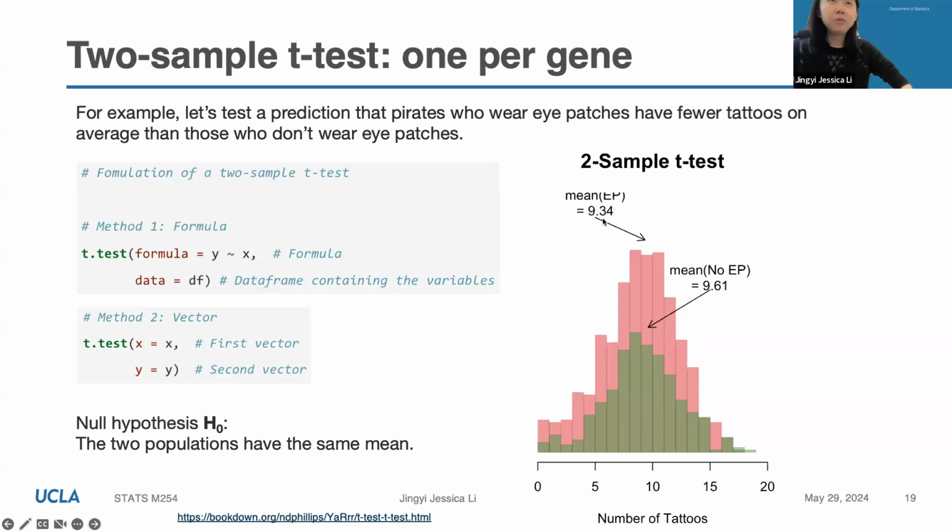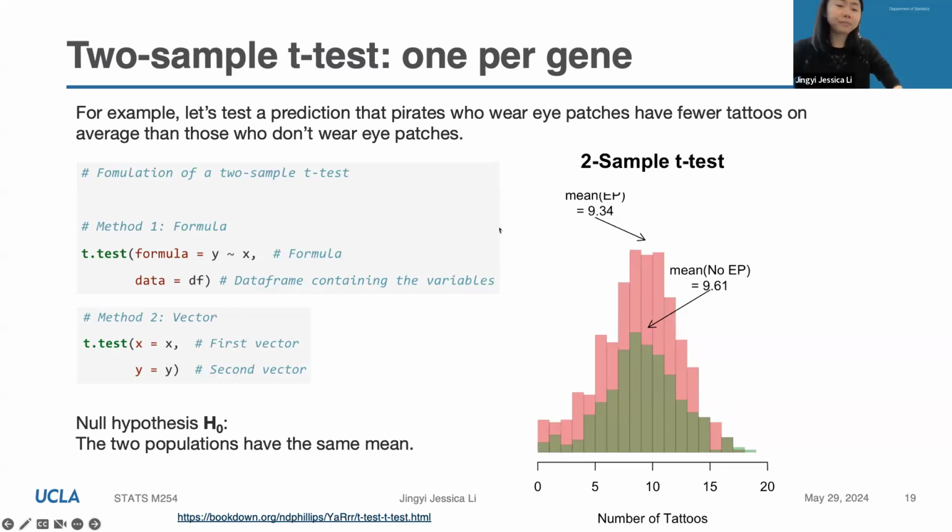From the data, we get one sample average for the eye patch group, 0.34, and another average for the no eye patch group, 9.61, right? They seem to be not so different, right? And we're showing the data distribution. You can see the distribution is relatively wide. Because of that, this subtle difference, like a 0.3 difference, might not mean something.